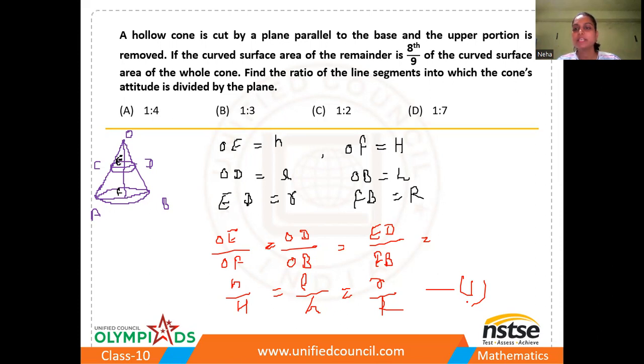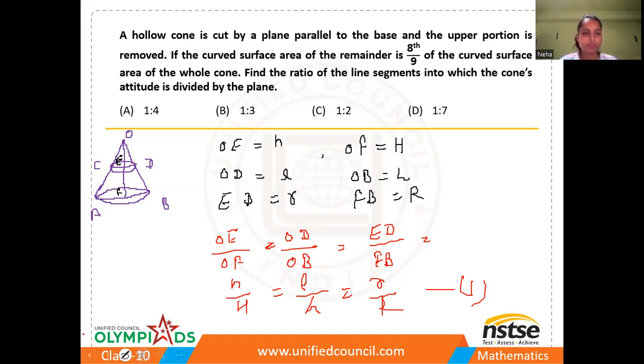Because the curved surface area of the cone OCD is equal to the curved surface area of the complete cone OAB minus the area of the frustum CABD. Correct? I can say that.